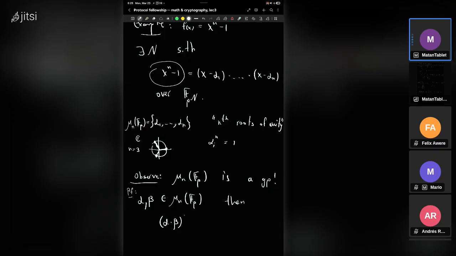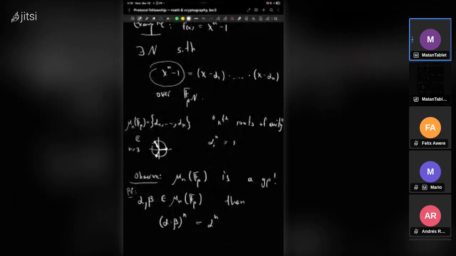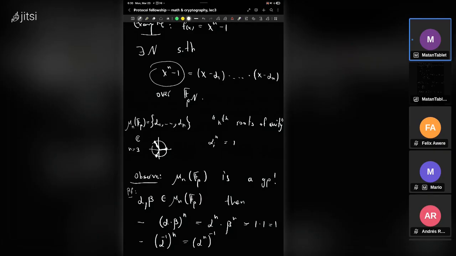So I raise it to the power of n, but that is the same as alpha to the n times beta to the n, and alpha to the n is 1, beta to the n is 1, so this is 1 times 1 equals 1. Similarly, if I take alpha to the minus 1, it's also going to be an nth root of unity, because if I raise it to the power of n, it's the same thing as doing alpha to the n and then taking the inverse. And alpha to the n is 1, and the inverse of 1 is 1.